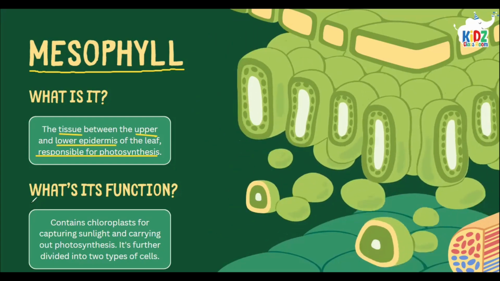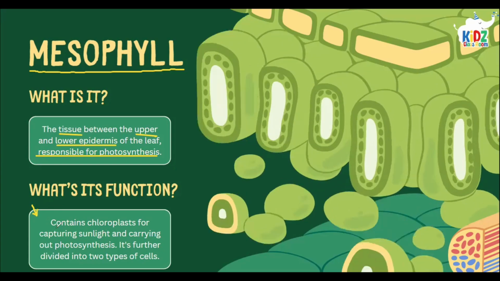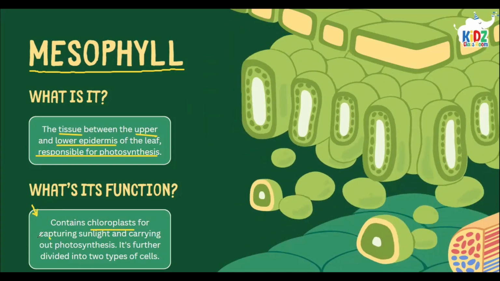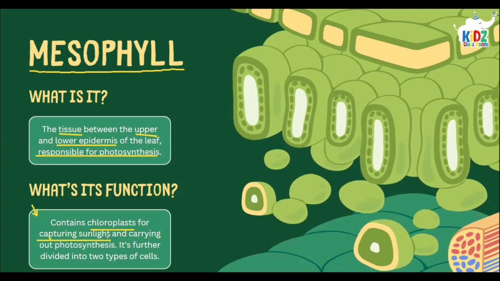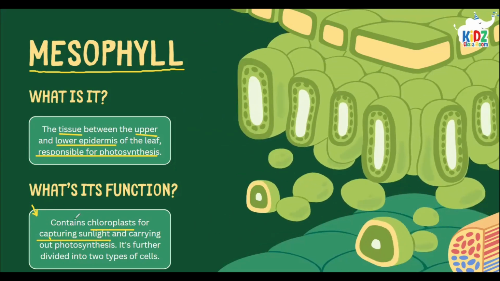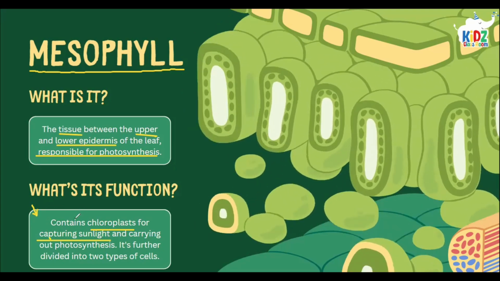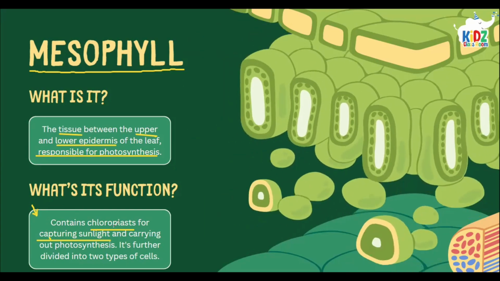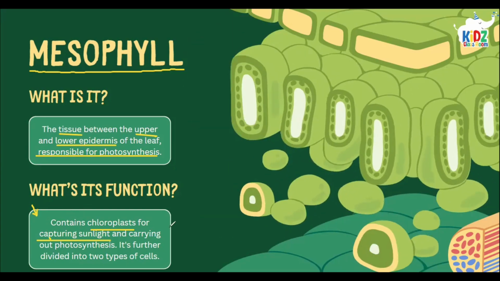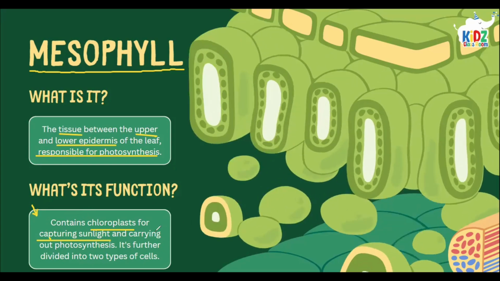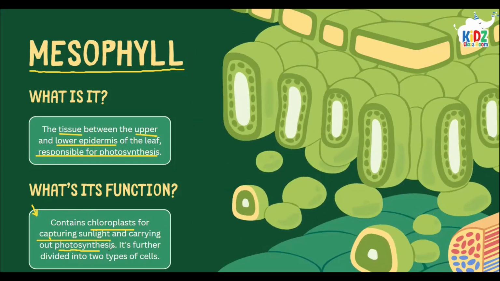And what's its function? It contains chloroplasts for capturing sunlight, because chloroplasts contain a green pigment called chlorophyll, which absorbs energy for the process of photosynthesis. So the mesophyll contains chloroplasts for capturing sunlight and carrying out photosynthesis.